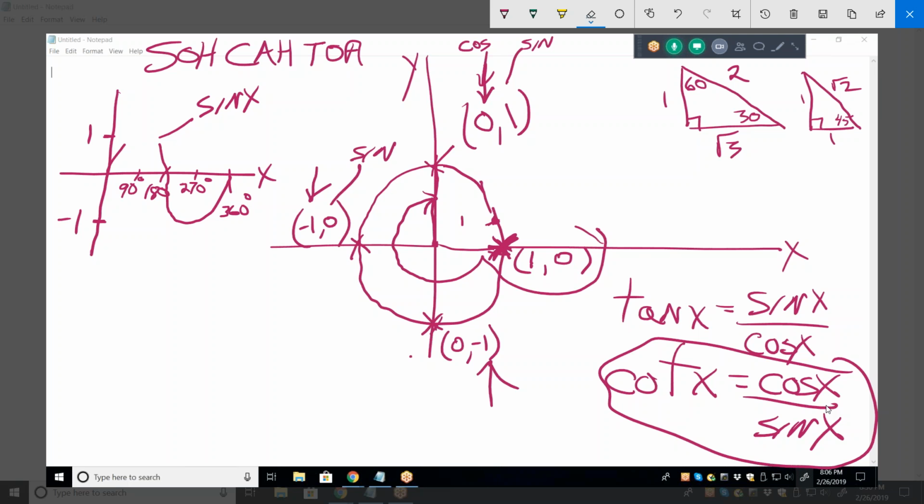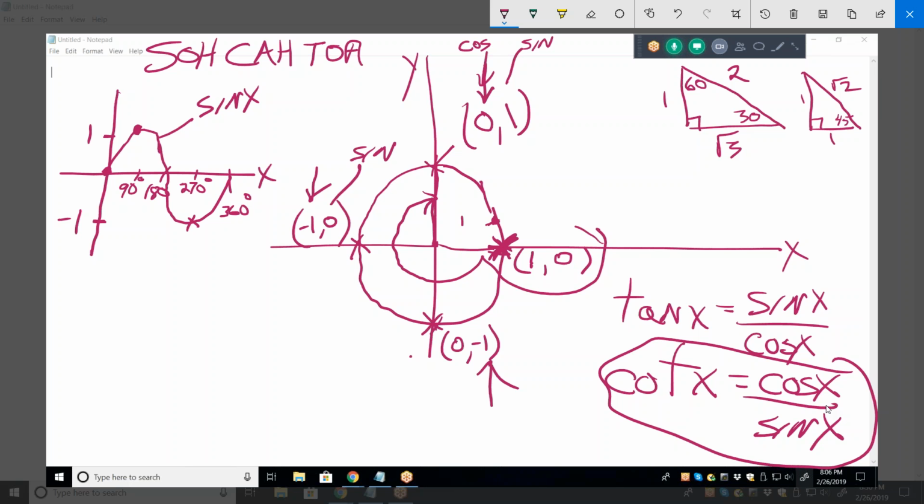It's right there. What's the sine of 0 degrees? 0. What's the sine of 270? 1? Nope. Goes down to -1. It's that point right there.